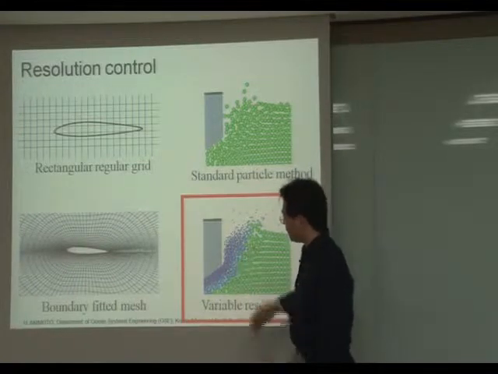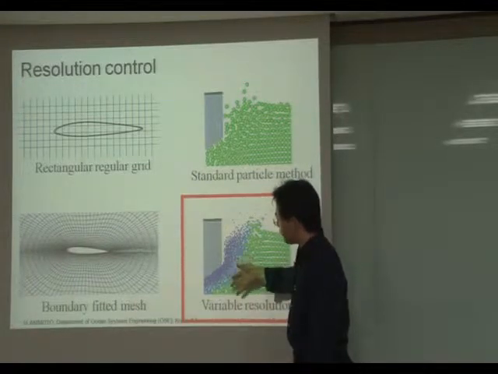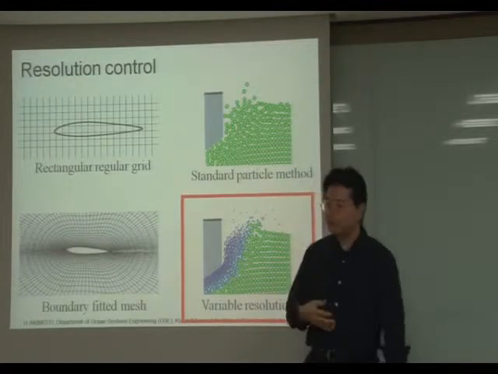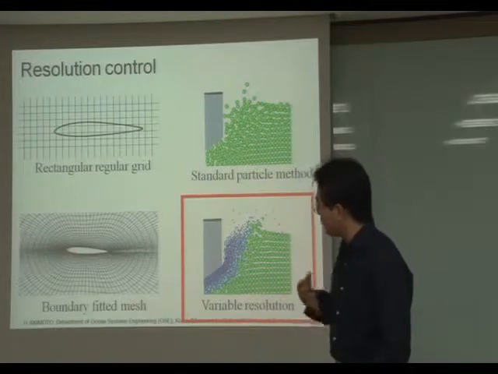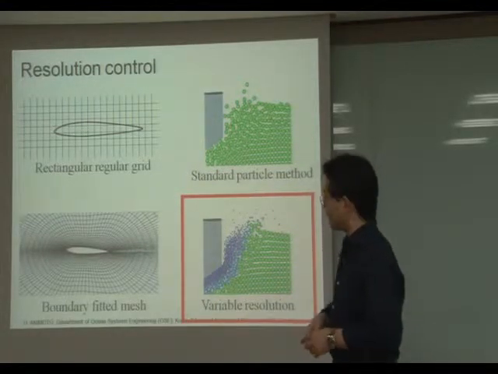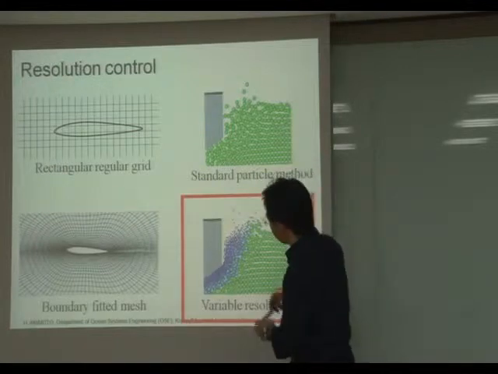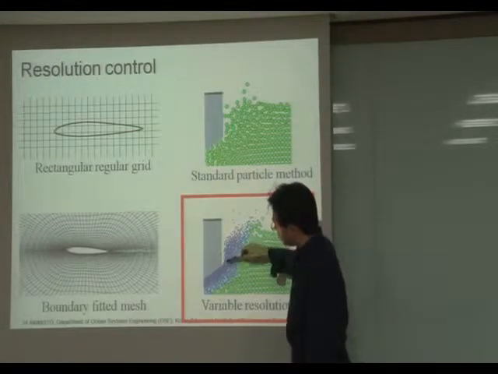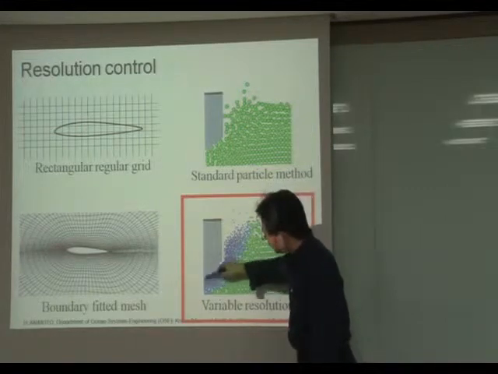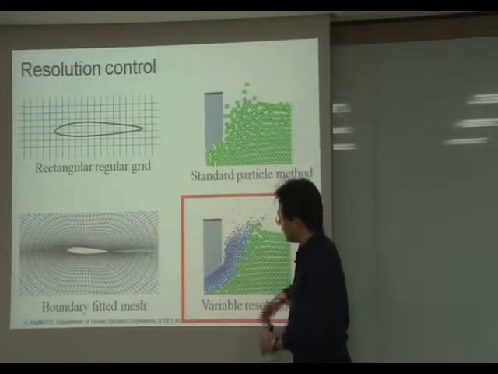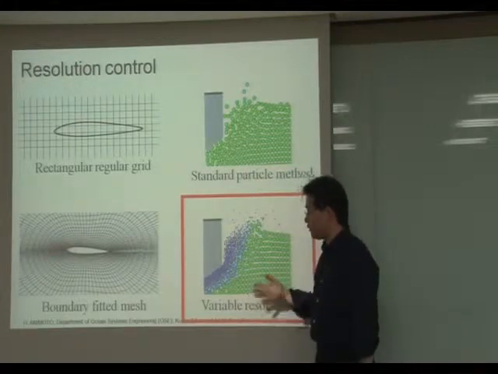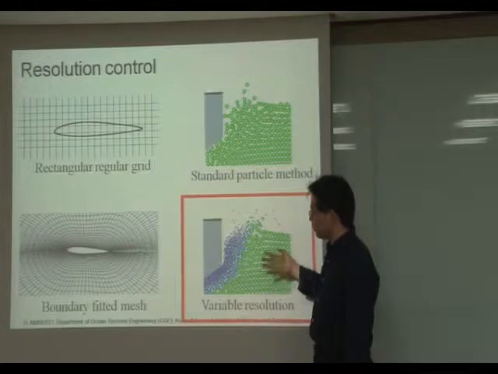If we can provide this kind of situation, we can highly reduce the number of required computational resource. Please imagine if we have to calculate only using this size of particles, the required number of particles is very significant.